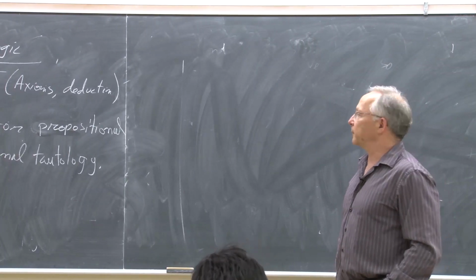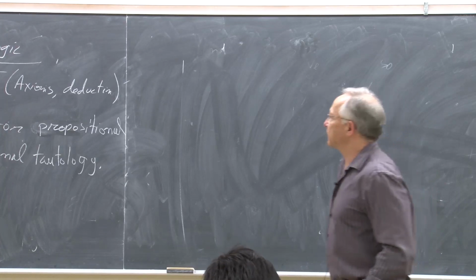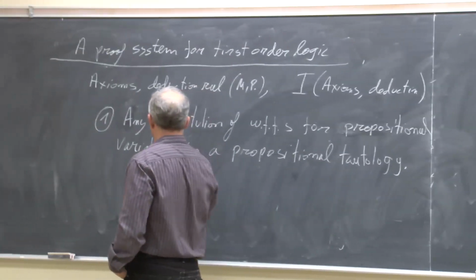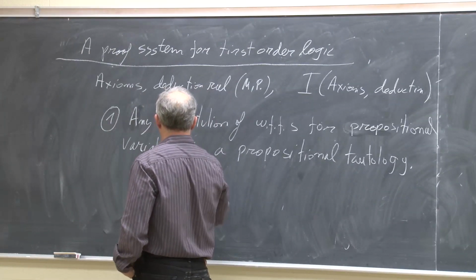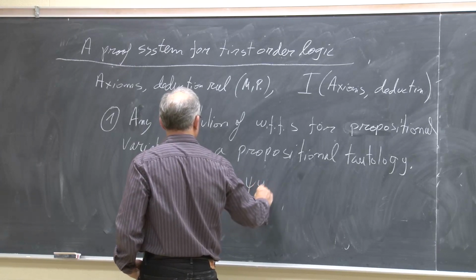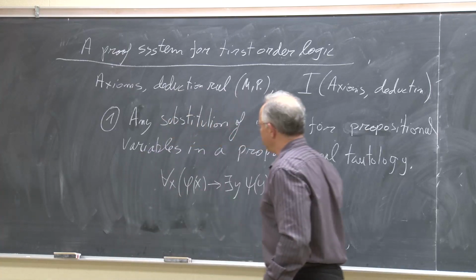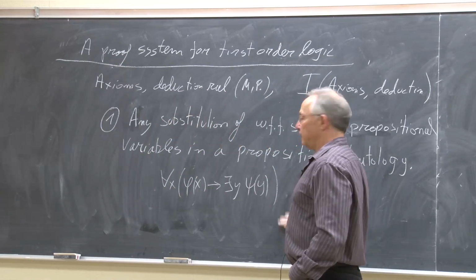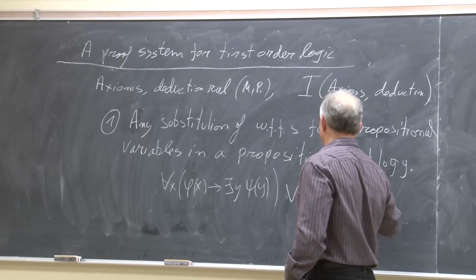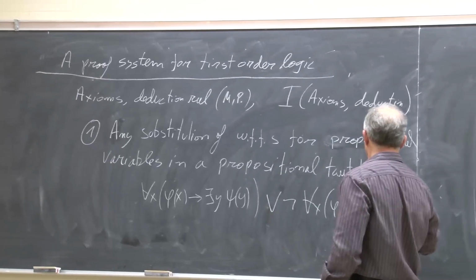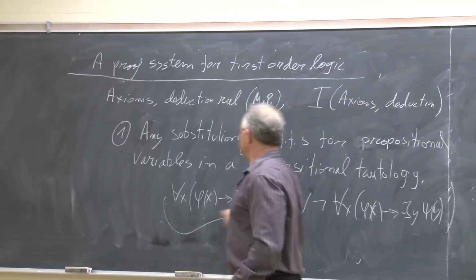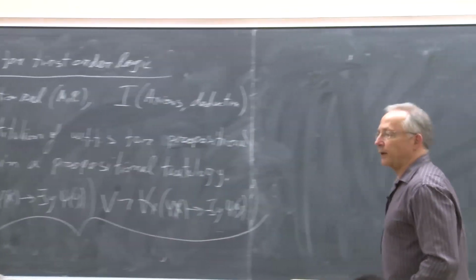I will have here axioms like, say, for every x, phi of x arrow there exists a y such that psi of y, or not for every x, phi of x arrow there exists a y such that psi of y. Now, I don't care what phi or psi are.